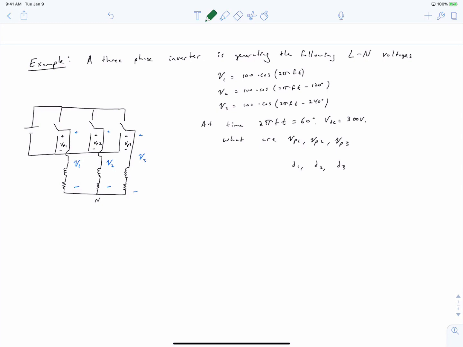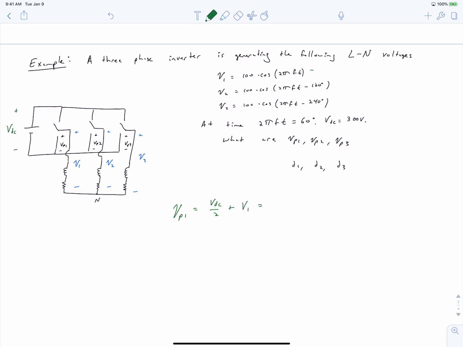We've been talking about how the pole voltage in these converters has a bias value of 1/2 of our DC link. So if this is our DC link, our throw voltage, the pole voltage is going to have a bias or a common mode component of 1/2 of that. So that means VP1 is going to be equal to VDC by 2 plus the desired output voltage that we want at this instant of time, so plus V1.